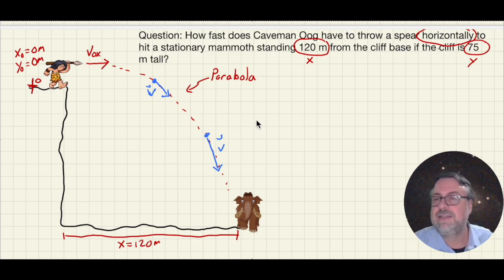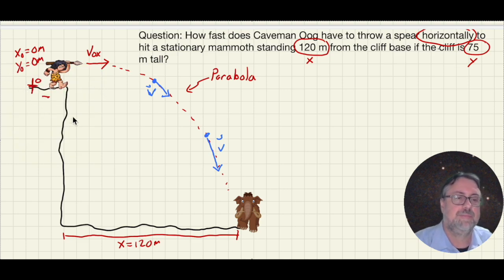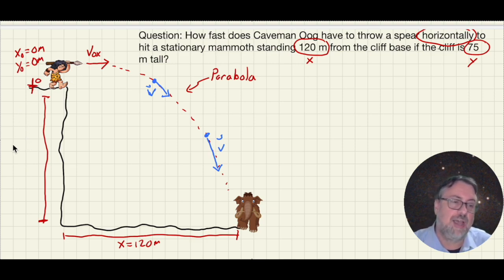I need to be a little careful with the y value here. Oops, sorry about that. Now, if I place my origin where Oog is, this y value is below the origin, so I need to make a note that this is going to be minus 75 meters.